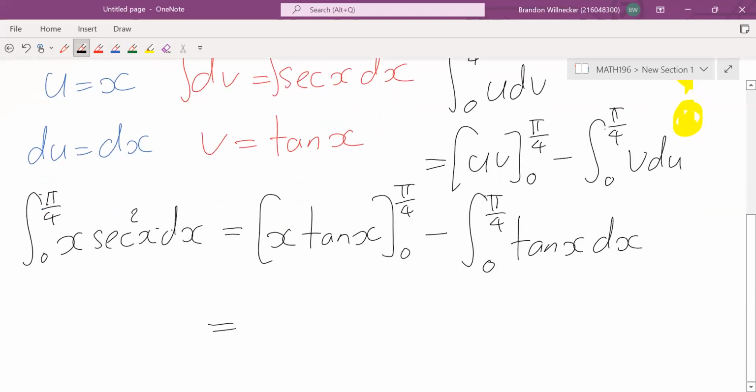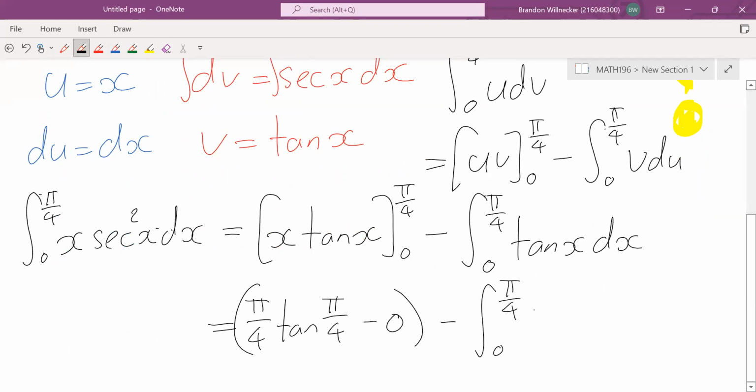Okay, so now we do our substitution and our integration there. If we substitute pi/4, we're going to get pi/4 tan of pi/4. And if we substitute 0, we're just going to get 0 times 0. That's just 0. Minus the integral from 0 to pi over 4 of tan x dx.